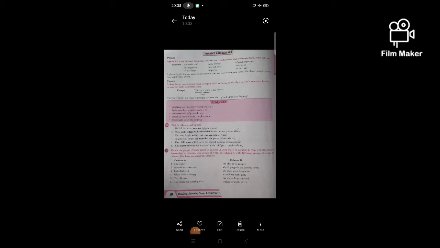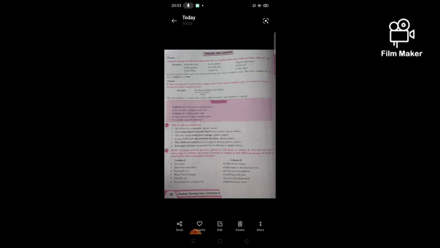On this page, we will read about phrases and clauses. A phrase is a group of words that make sense but not complete sense, since it does not have a subject and a verb.